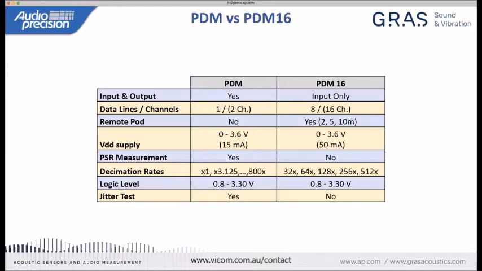And that's especially helpful if you're testing things inside of an anechoic chamber. And that pod can be up to 10 meters from the front panel of the chassis. And that uses a signaling scheme that is designed to not observe any degradation to distance.